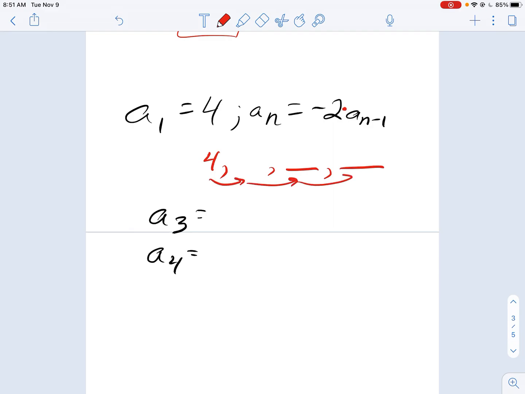So as I move from one term to the next, I'm going to be multiplying by negative 2 each time. So 4 times negative 2 gives me negative 8. Negative 8 times negative 2 gives me a positive 16. And 16 times negative 2 gives me a negative 32.